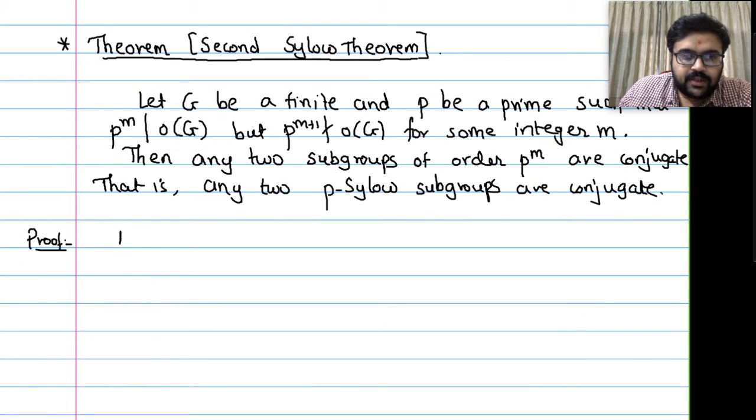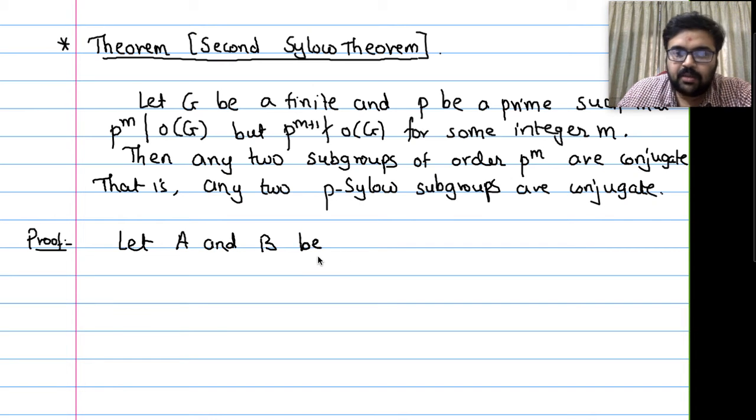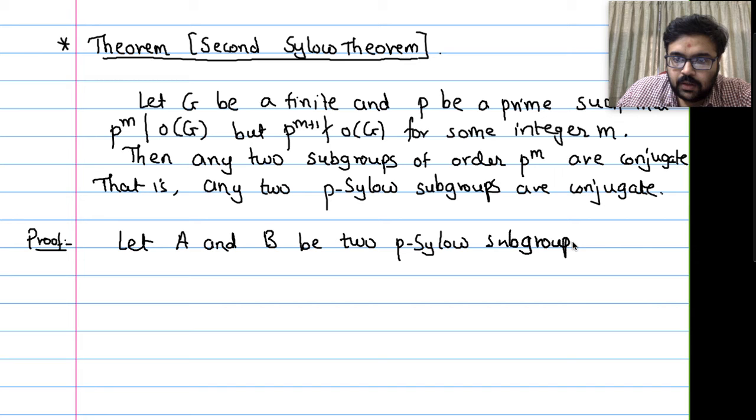So we say let A and B be two p-Sylow subgroups of G. Existence is guaranteed by Sylow's first theorem.